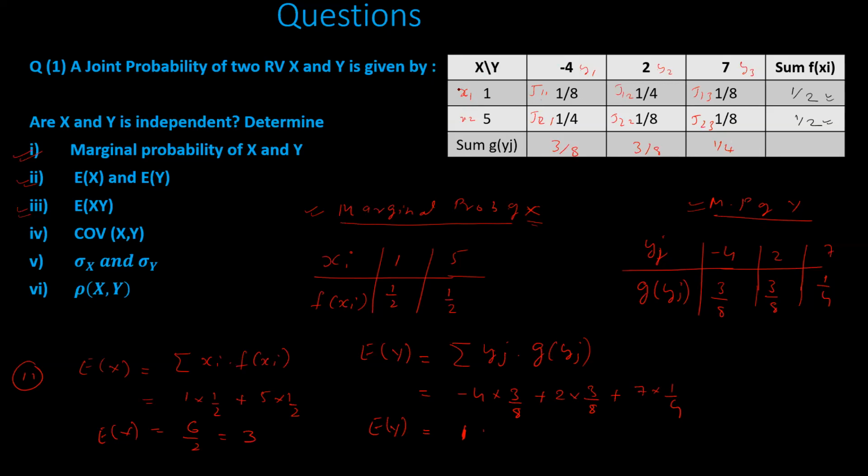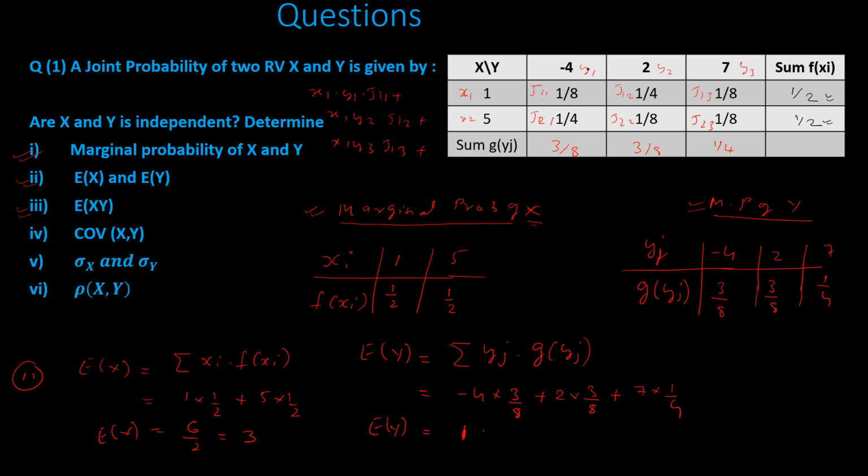Are you getting the point? So I will just write it down here. The first term will be x1 into y1 into f11. Plus the next will be x1 into y2 into f12, plus x1 into y3 into f13 and so on.